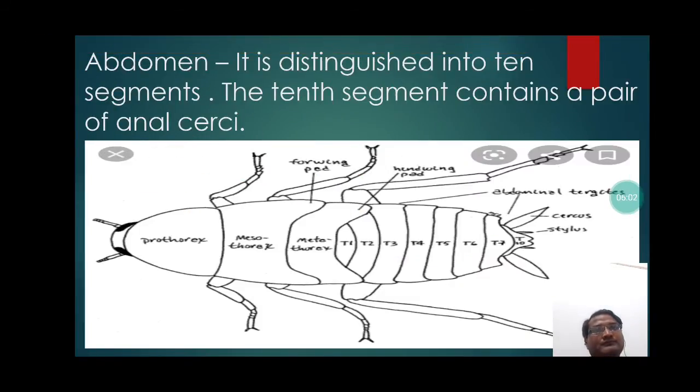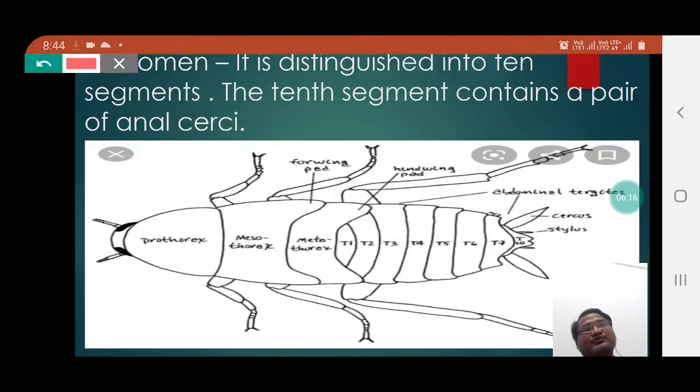Abdomen. It is distinguished into 10 segments. The 10th segment contains a pair of anal cerci. Students, abdomen is the most important part of the cockroach and is further distinguished into 10 segments.